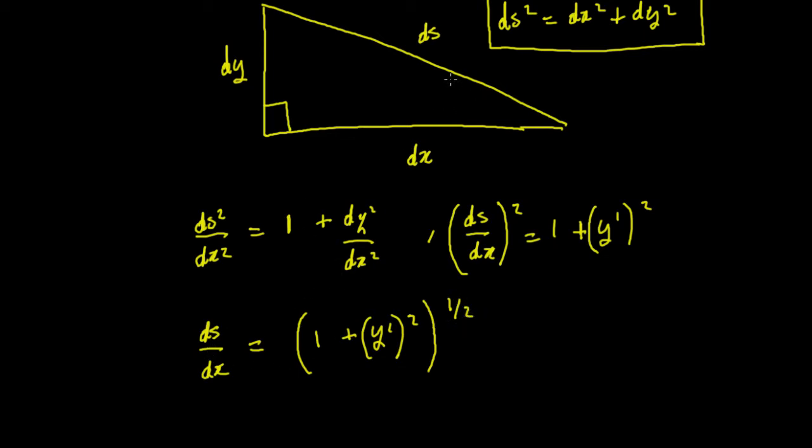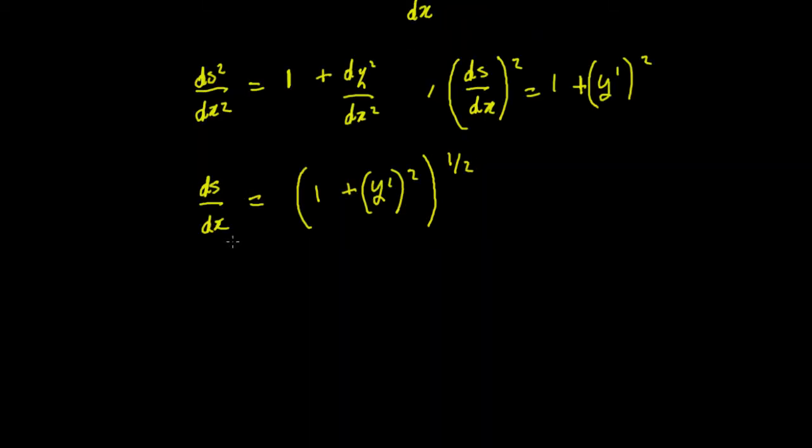Now the thing to note here is that if we make that angle theta, then we can say that cos theta is going to be that dx upon ds. Okay, so we'll write that down there. We can say that cos of theta is going to equal the dx upon ds. But now we've already got ds upon dx above, so we can make cos theta equal this by taking the reciprocal of what we have above.